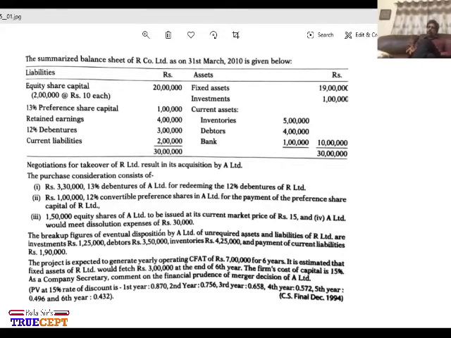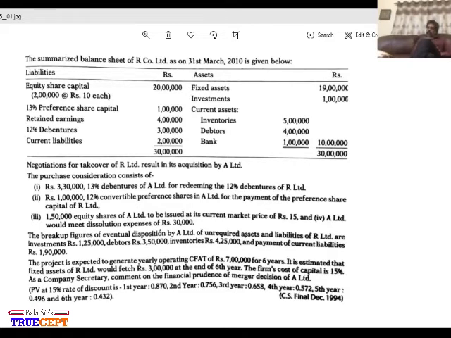It is very clearly given that A Limited is the purchasing company and R Limited is the selling company, and A takes over R Limited. But some of the assets appearing on the balance sheet of R Limited are not wanted or required by A Limited, and those assets are disposed of.